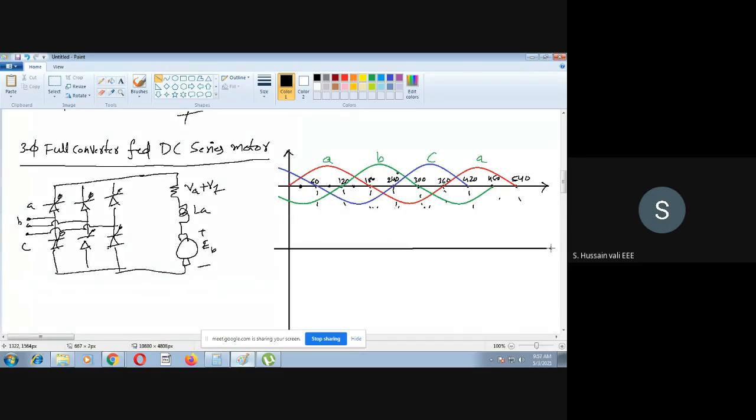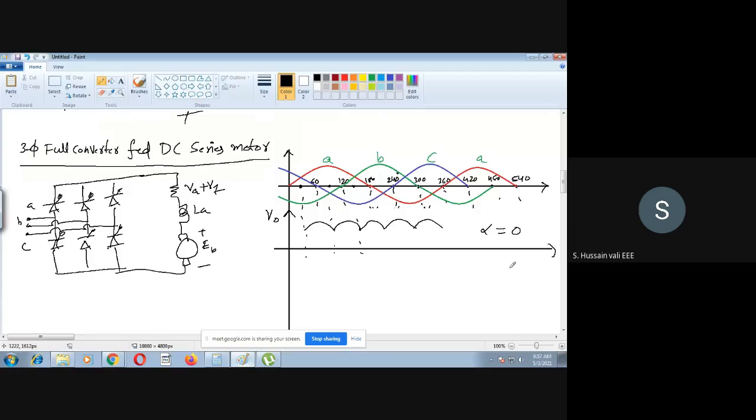Then once again the same procedure, that it is 30, it is 90. So you will get something like this. Likewise, you will get in case of alpha is equal to 0.